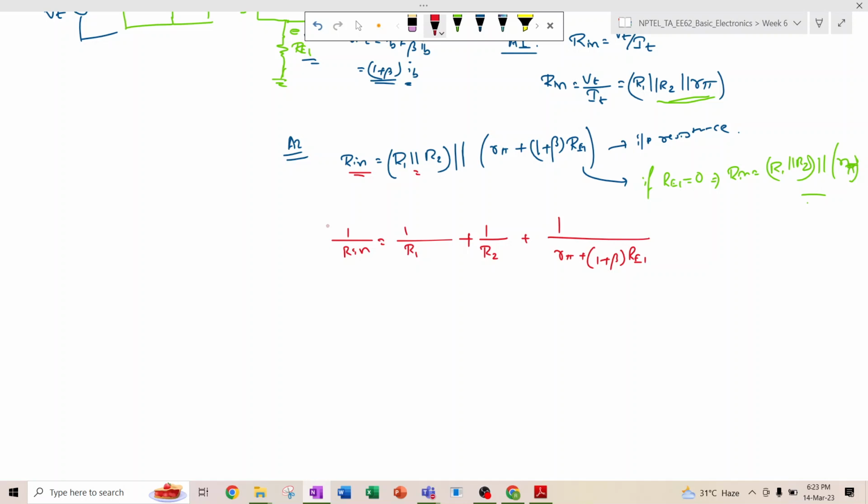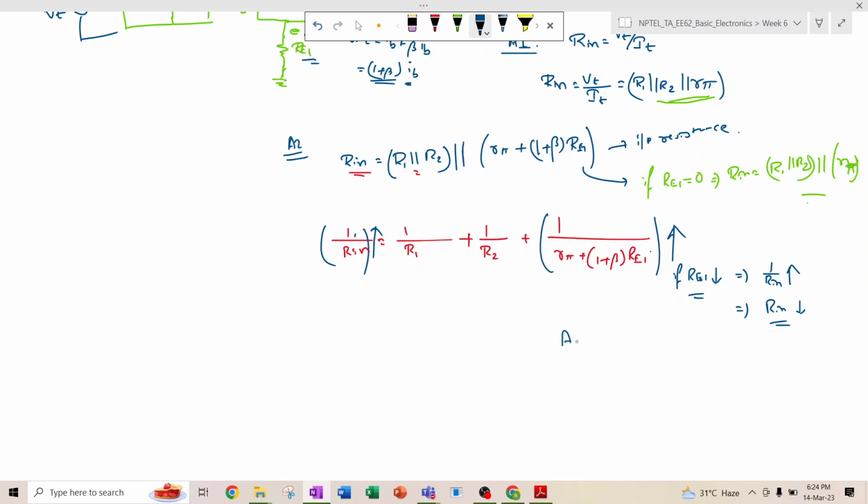Now see one thing: if RE1 is reduced, that is equal to 0, then this entire thing will increase, that means 1 by Rin will increase. So if RE1 is reduced, then 1 by Rin increases, and that means R input is decreasing.